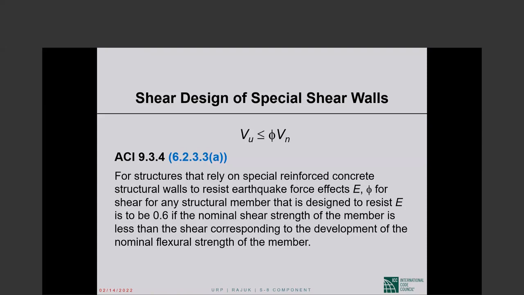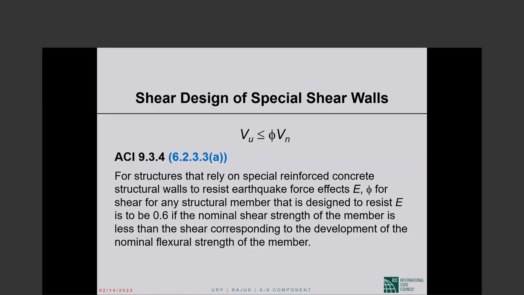At about a height to length ratio of 2, you can be pretty sure that unless you have done something strange, like forget about putting horizontal shear reinforcement in, your wall will fail in flexure before it has a chance to fail in shear. So walls with a height to length ratio larger than 2 are flexure governed. They will fail in flexure before they have a chance to fail in shear.